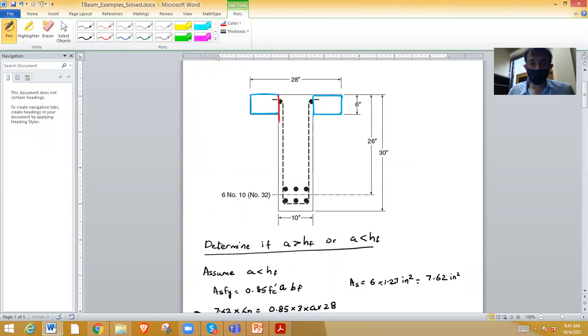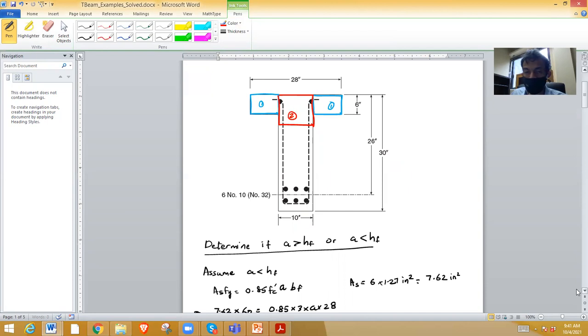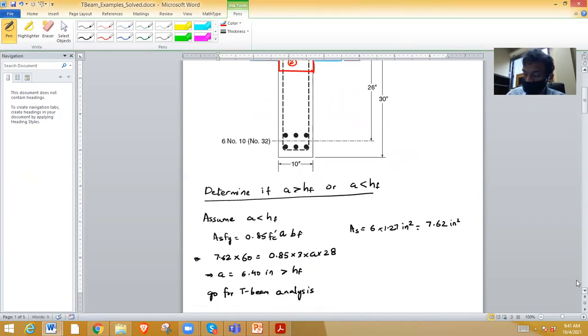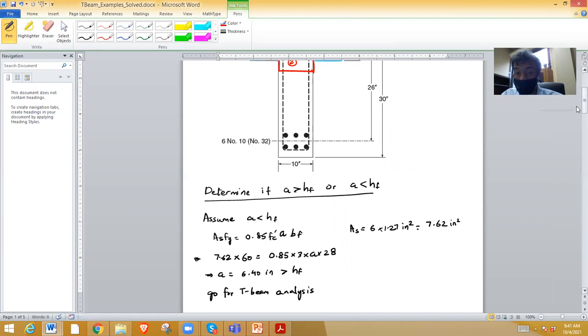Second compression block is this. Okay. So now what do we do now?